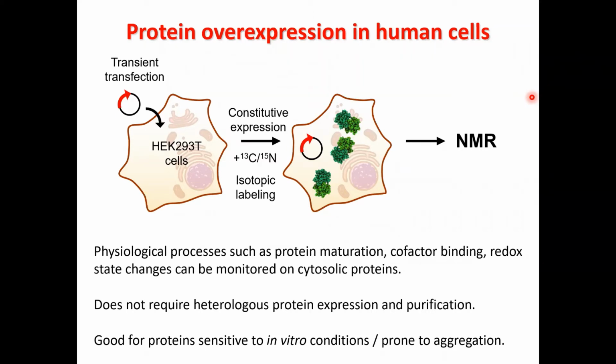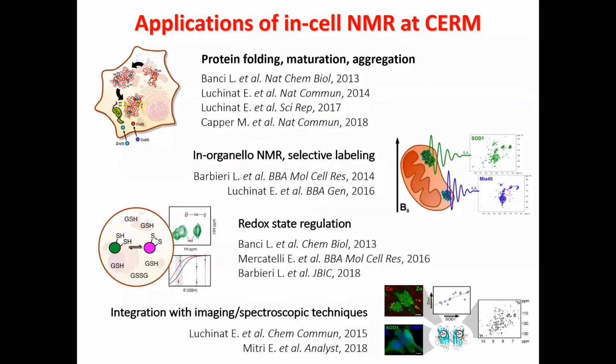By providing isotopes, we can also enrich the protein with carbon-13 or nitrogen-15, and this allows multidimensional NMR experiments on living cells. Over the years, we have applied these methods to several kinds of studies. Mostly we focused on protein folding and maturation and the study of aggregation dependent on pathological mutants of proteins, but we could also extract and purify organelles and do in-organelle NMR.